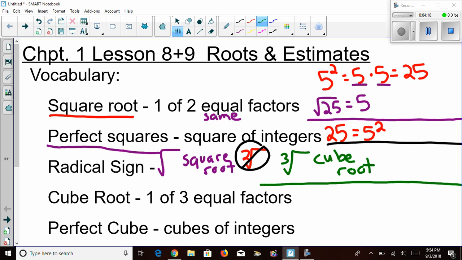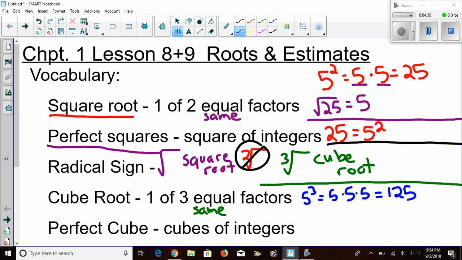A cube root is one of 3 equal factors, or one of 3 of the same factors. And that would look like if I gave the example of 5 cubed. That is 5 times 5 times 5, which we've done and said it's 125.